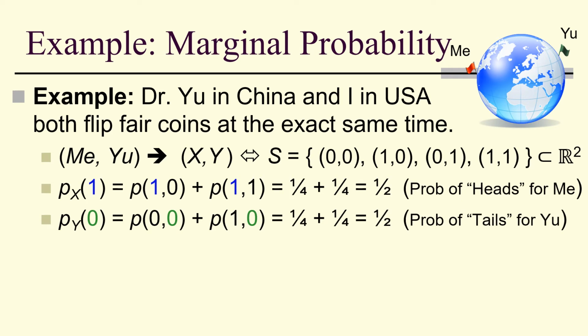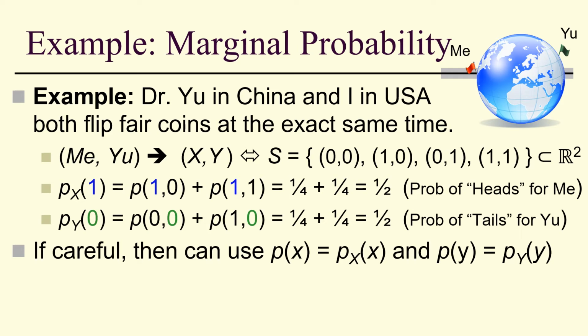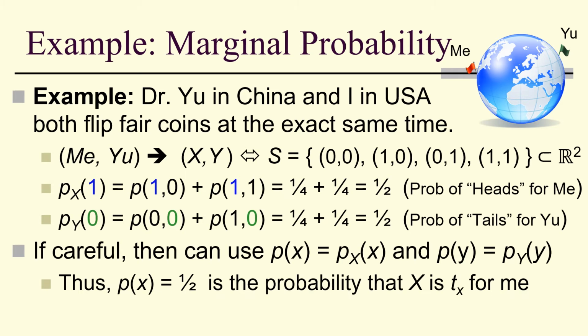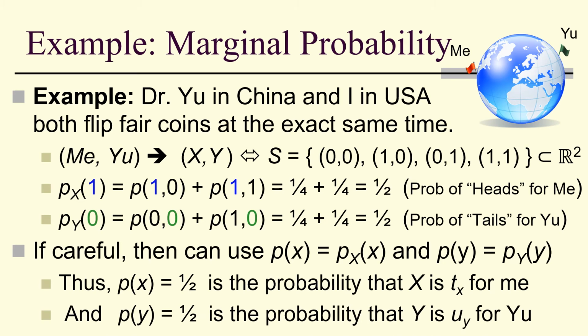A half, that's the probability of tails for you. Again, if careful, we can use P of X and P of Y, the index or the notation for the argument, to tell us which of these marginals we're using. So P of X is a half for me, and P of Y is a half for you.